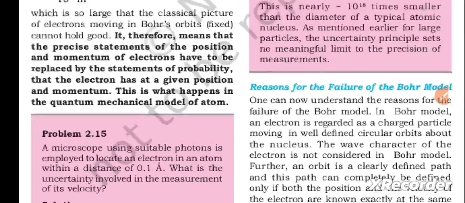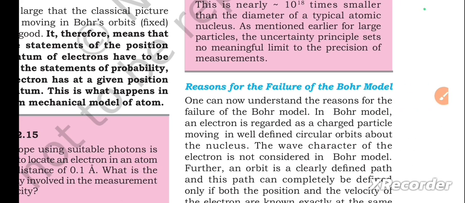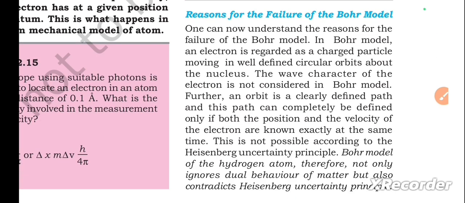Next, reasons for the failure of the Bohr model. One can now understand the reasons for the failure of Bohr's model. In Bohr's model, an electron is regarded as a charged particle moving in well-defined circular orbits around the nucleus. The wave character of the electron is not considered in Bohr's model.